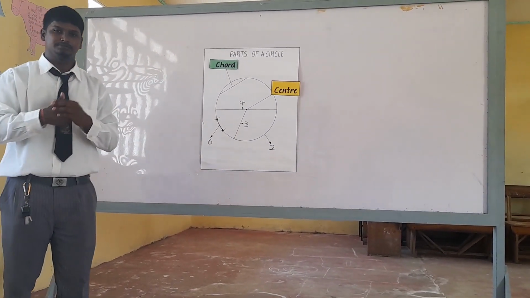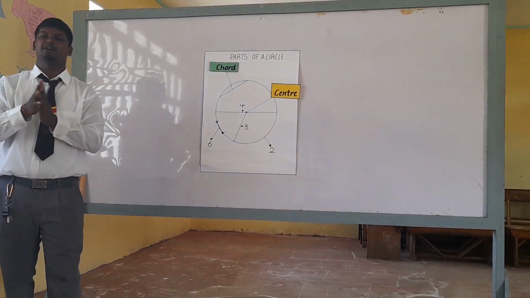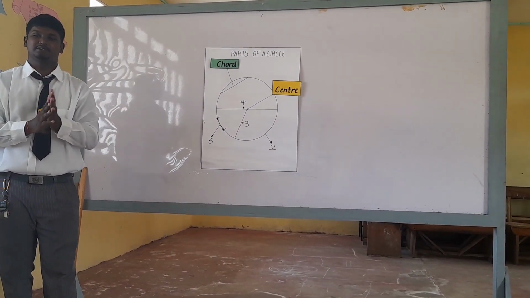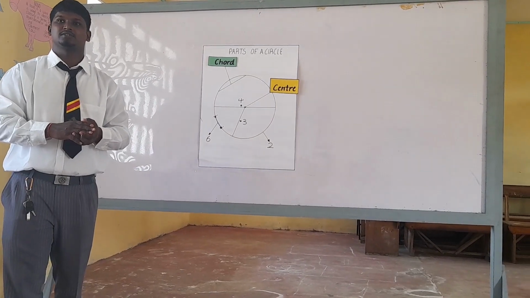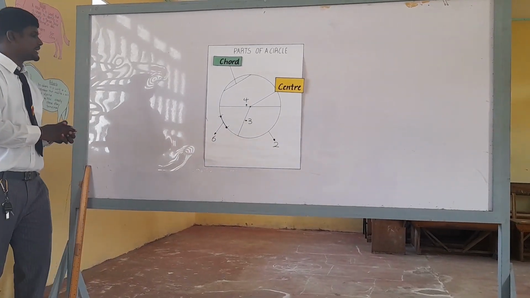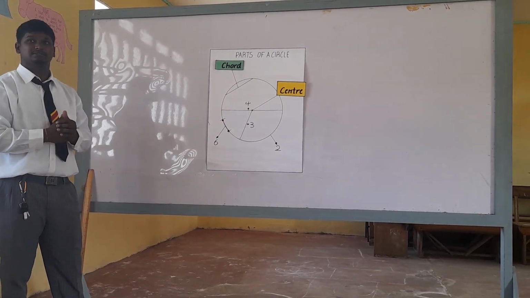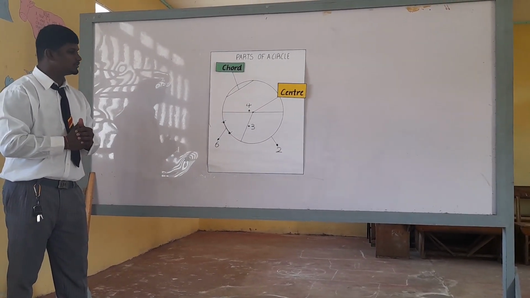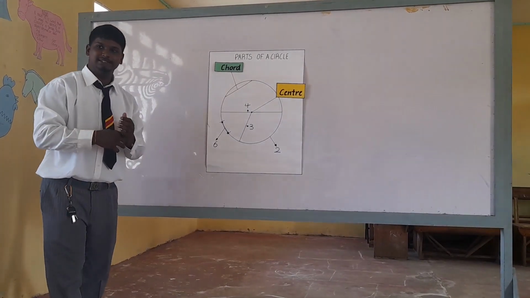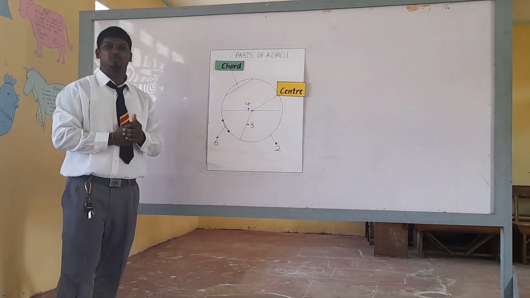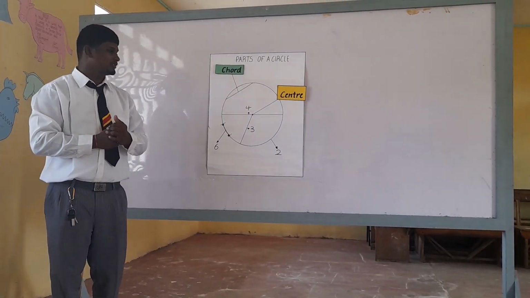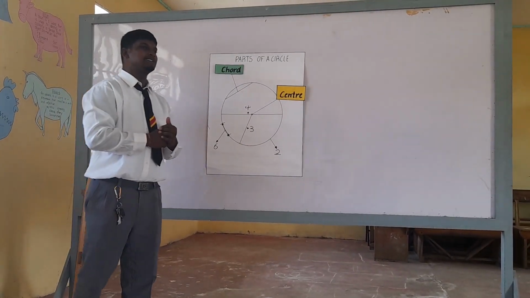Let's hear from John. Which part do you have there? I have the radius, sir. The radius. And which number do you think is the radius here? 2, sir. Do you agree with him, class, that 2 is correct? Yes, sir. I don't think so.